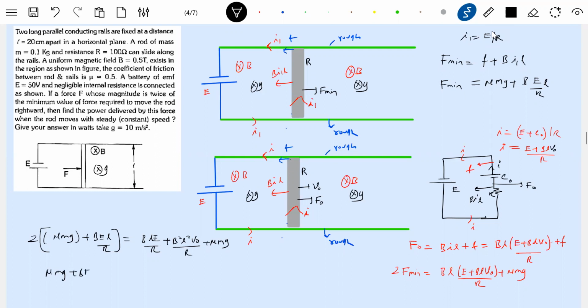The mu mg plus BELR will cancel out and we will be left with B square L square V naught by R. So the terminal velocity is given by mu mg R by B square L square plus ER. R also will not be there, no? E by BL.